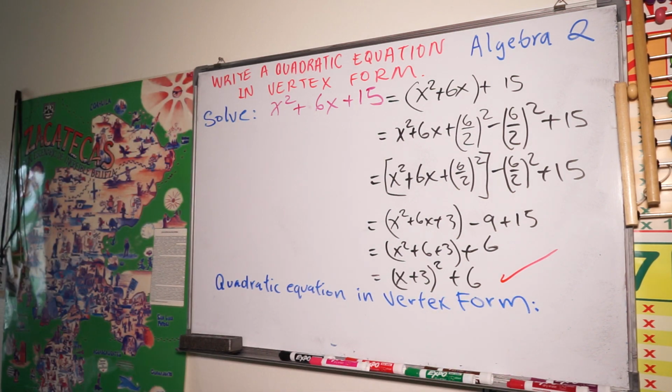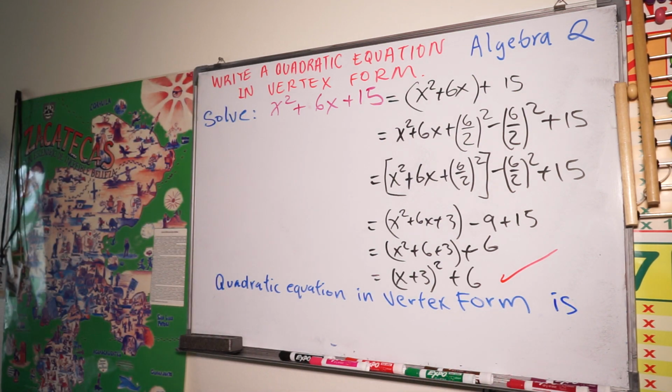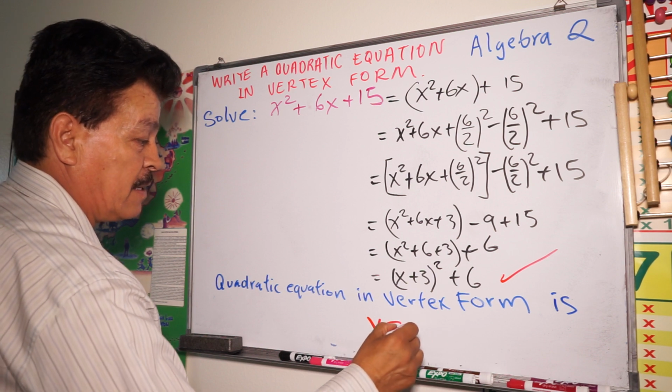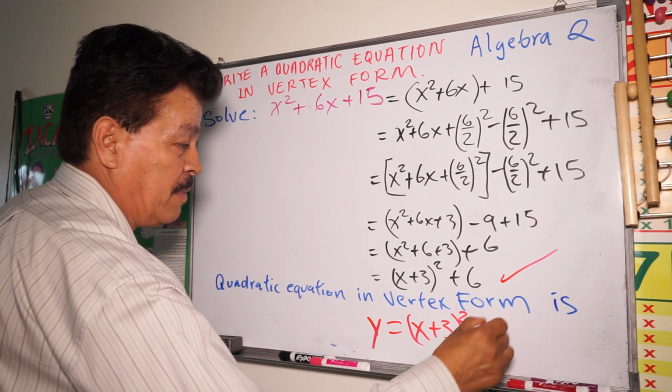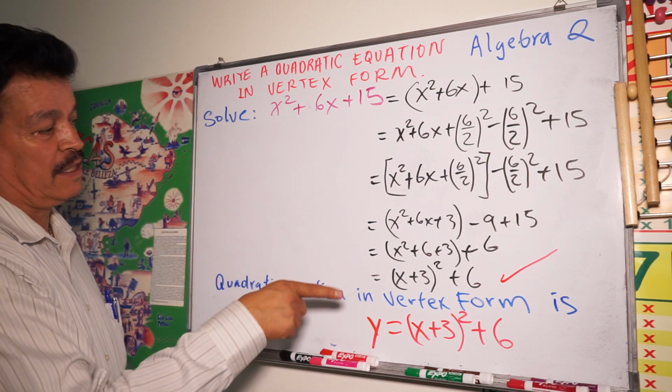The quadratic equation in vertex form is what we got over there: y equals x plus 3 to the second power plus the constant, and that's done, right? This is one example of how to write the quadratic equation in vertex form.